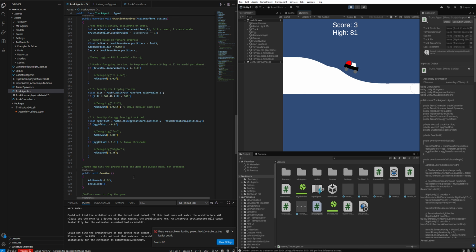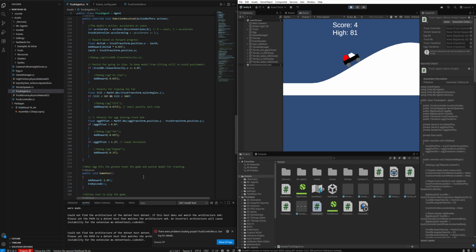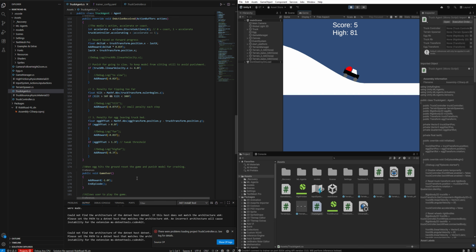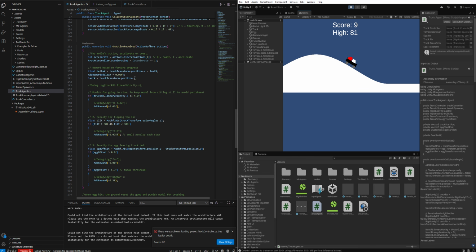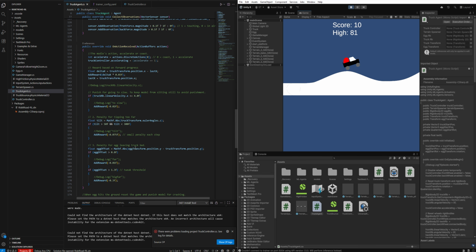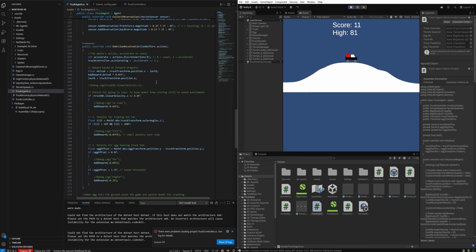But this didn't really work because the model didn't really associate the one big reward at the end with its actions. So instead, we give it small rewards often.